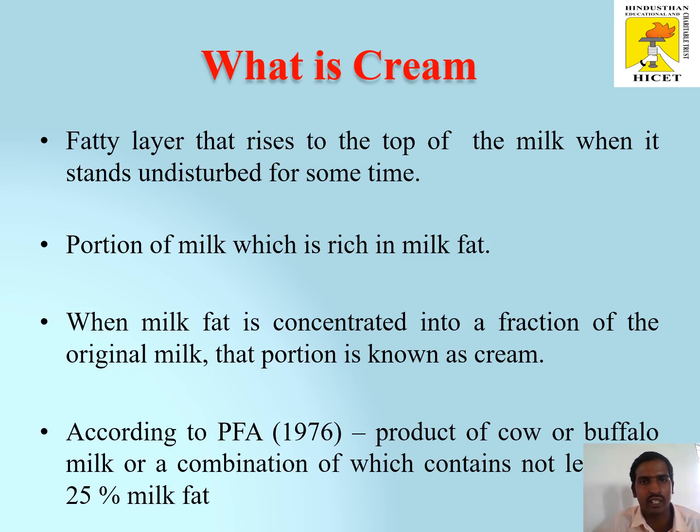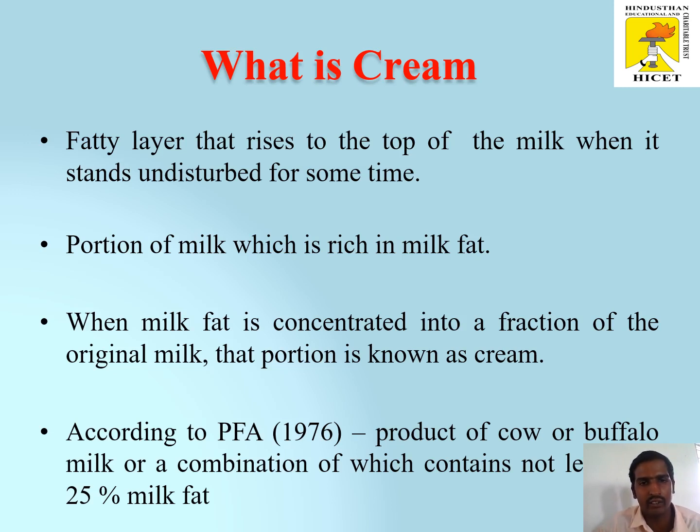Cream is produced by skimming the layer of fat or any other substance present on the surface of the milk. That portion of milk that is raised on the surface is rich in fat, so we can obtain the fat or cream after some time when the raw milk is kept undisturbed for 3 to 4 hours.